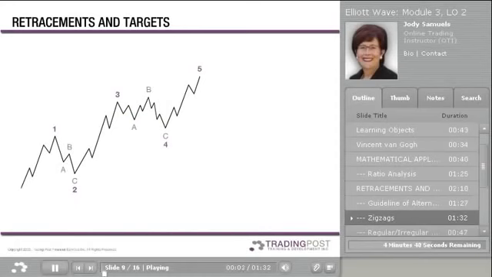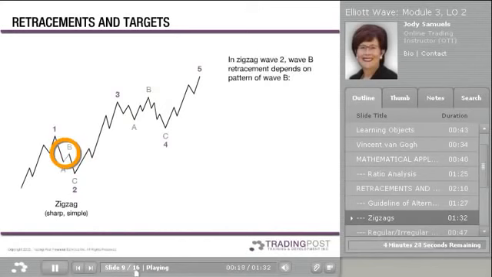Corrective wave targets vary by pattern. Zigzags travel in 3 waves, as in this example, and both the wave B and C segments have their own targets. In zigzag wave 2, the B retracement of wave A depends on the wave B pattern.